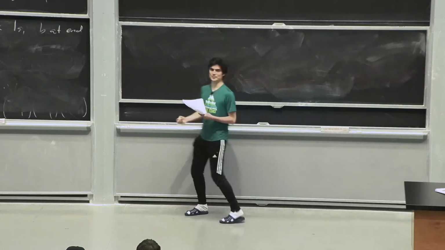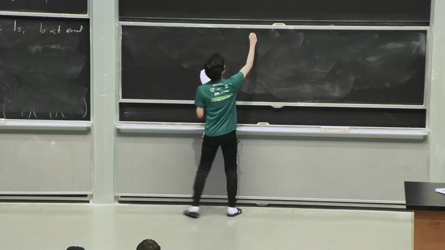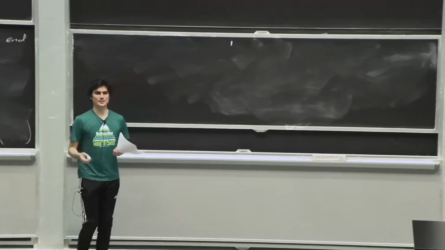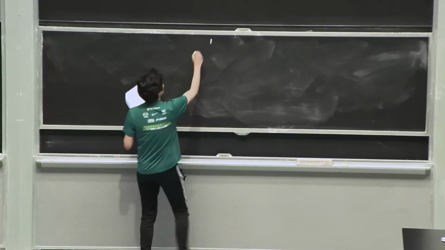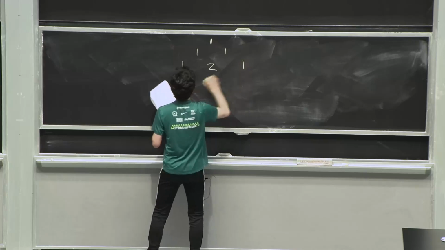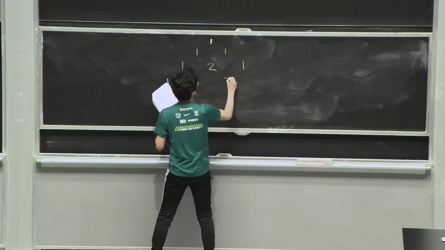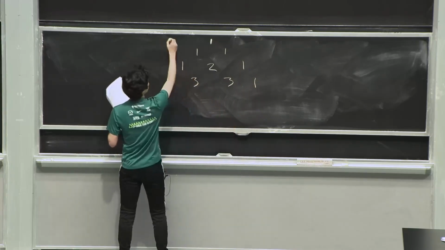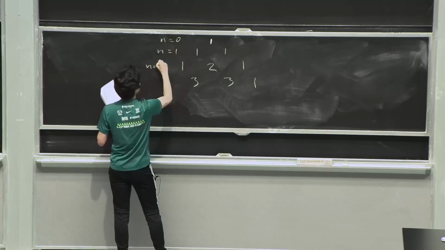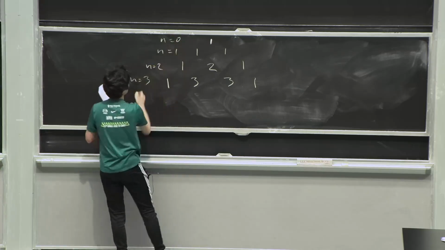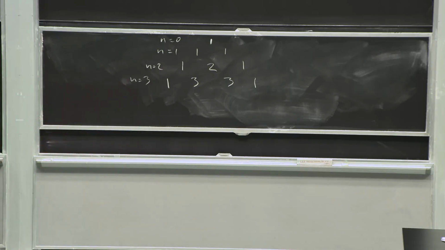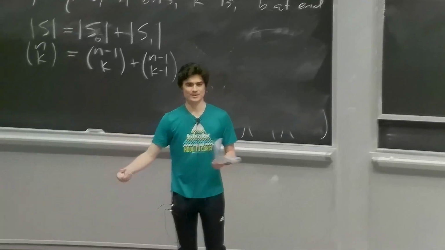I imagine many of you have seen Pascal's triangle before, but if you write out all of the binomial coefficients in rows of a triangle, like this is n equals 0, n equals 1, n equals 2, n equals 3, then successive entries in a row are n choose 0, n choose 1, n choose 2, et cetera.